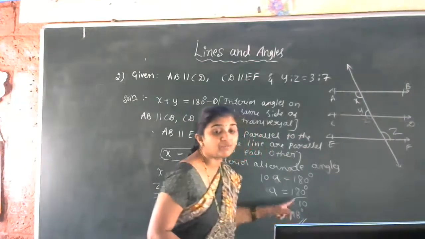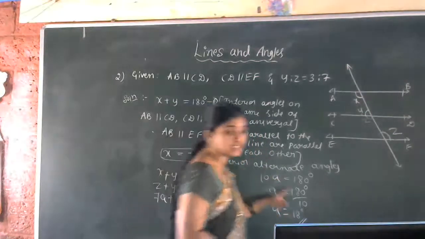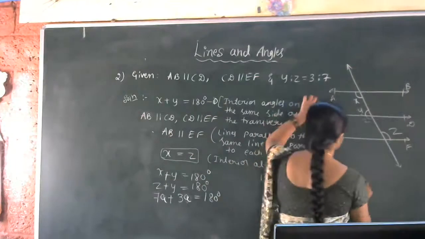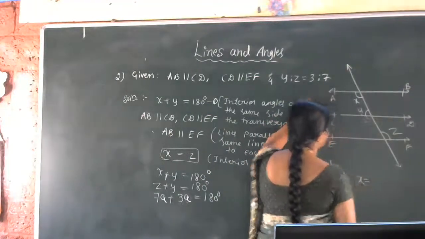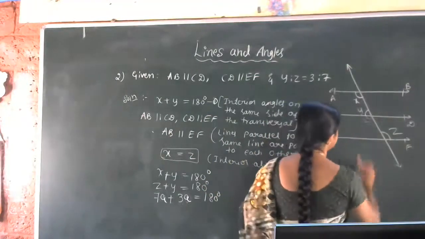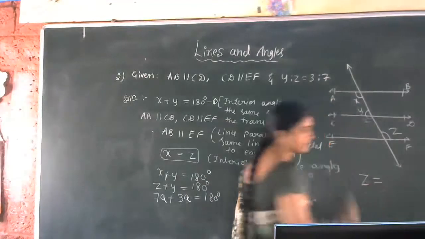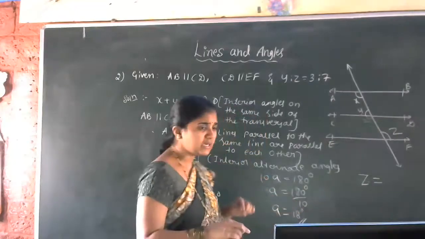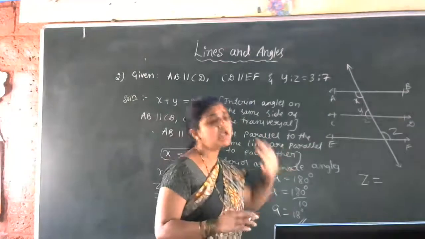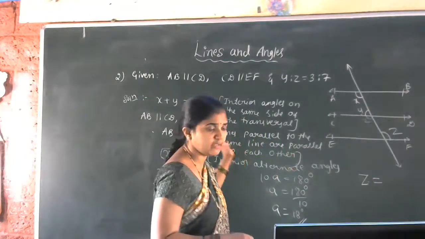Now how to find the angle x? First we have to find the angle z. If we get the z value, then x is equal to z, which we already know.